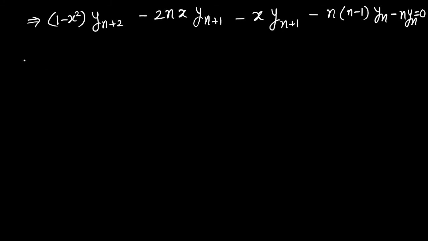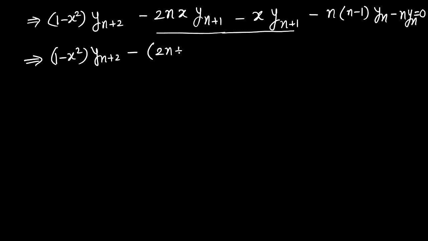Now combine these terms. 1 minus x square yn plus 2 is as it is. For these two terms, taking x and yn plus 1 common, we get minus 2 into n plus 1 into x yn plus 1.